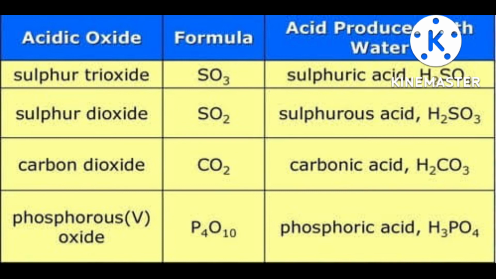Oxides of elements in the center are amphoteric. Now oxides can be formed by s group also, p groups also. And oxides of elements in the center are called amphoteric. Example, aluminum oxide, arsenic oxide.